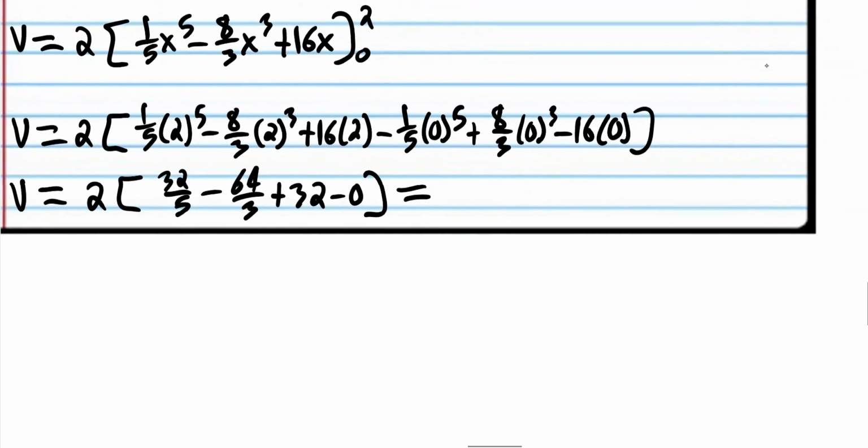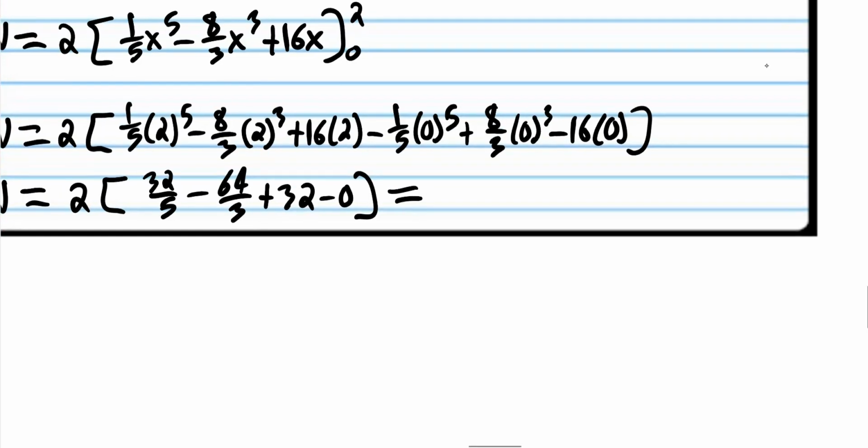And so let's see if we can do this. These are kind of big numbers. So we want to get a common denominator. So if we combine these two expressions, looks like we have negative 224 over 15.